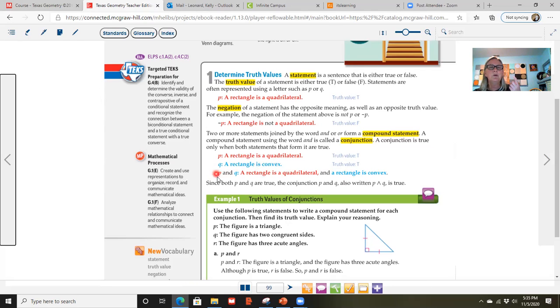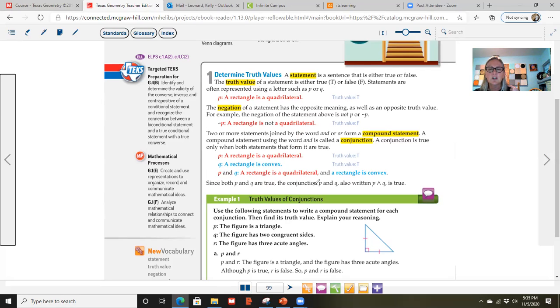So if we put P and Q together, you literally write out the statement for P and the statement for Q, and you put the word and between them. That's how you do it. And there's another symbol that they could use.